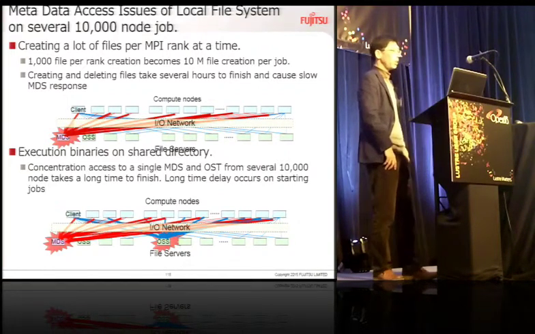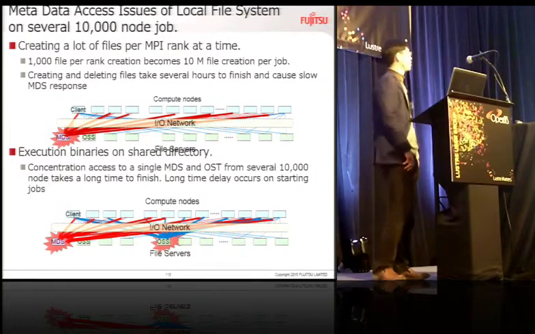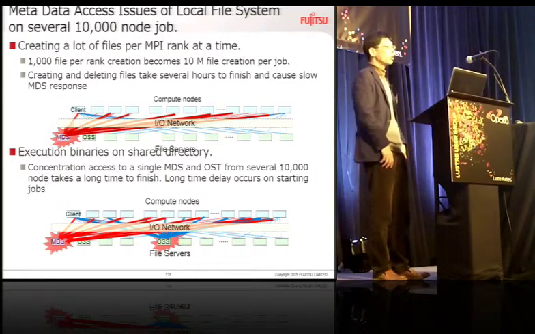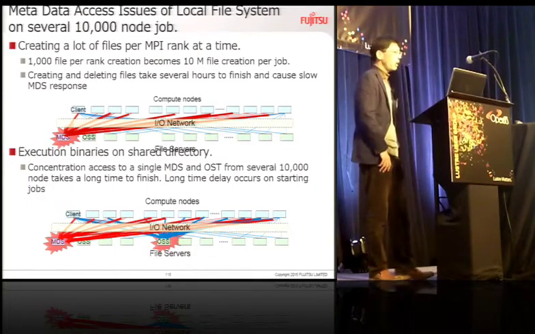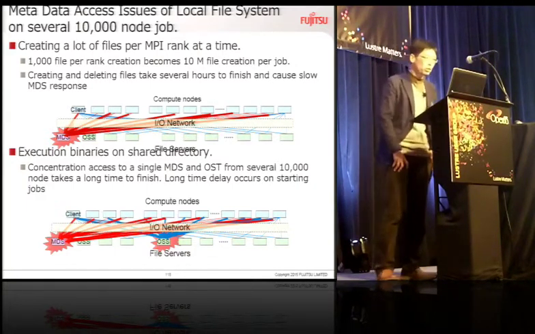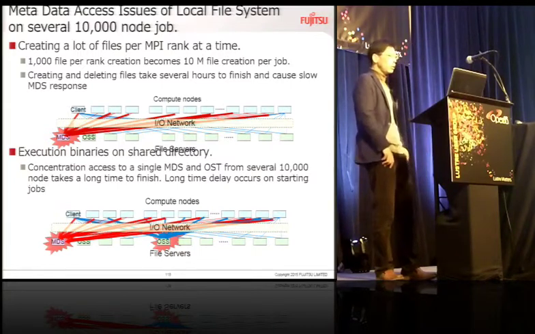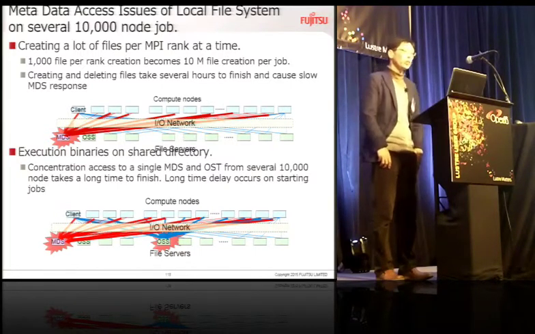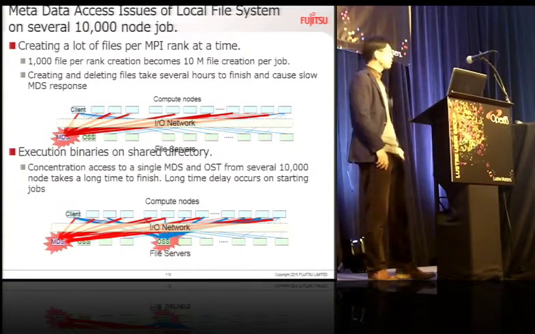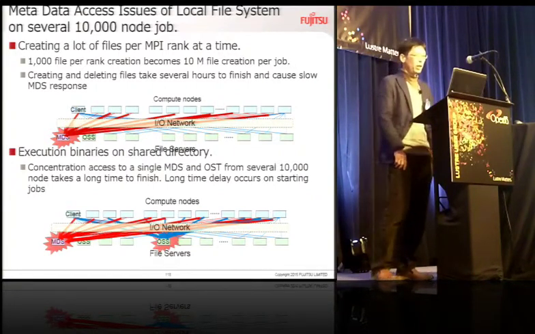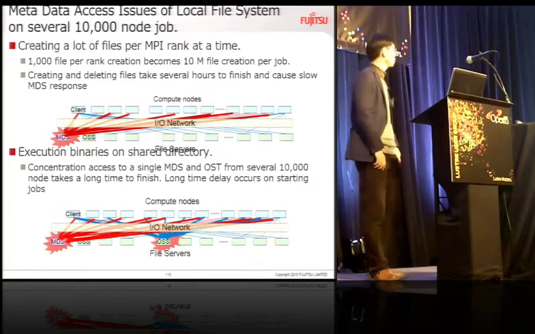Creating and deleting files takes several hours to finish, because it goes through the MDS. The second is executing binaries on a shared directory. It becomes concentrated access to the single MDS and OSS from several 10,000 nodes. It takes a long time to finish, and a long delay occurs when starting jobs.